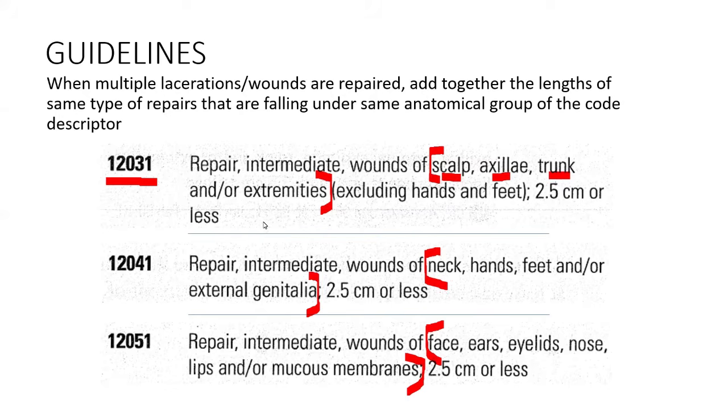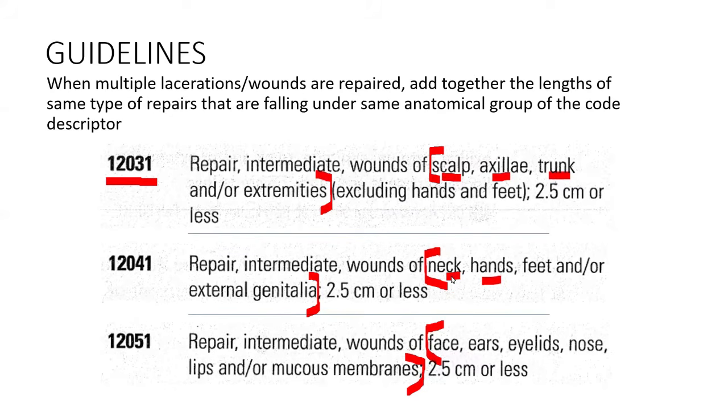We can add the lengths if it is of the same type of repair falling under the same group. What is the meaning of it? Let's say there are two intermediate repairs, one on the neck and one on the hand. Because both are intermediate repairs and falling in the same group, yes, we can add the lengths.